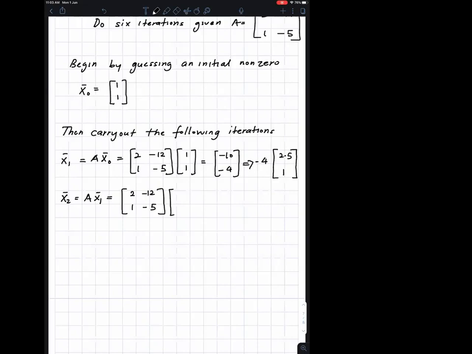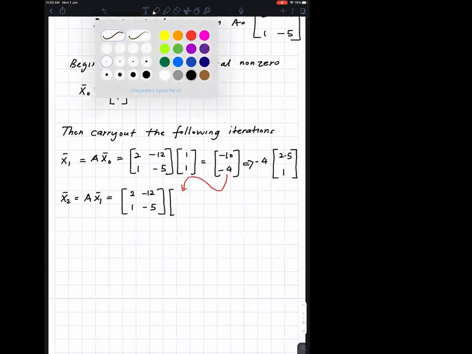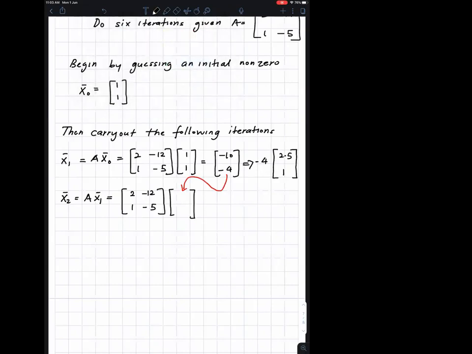For x1 bar, you put this inside here. -10, -4.